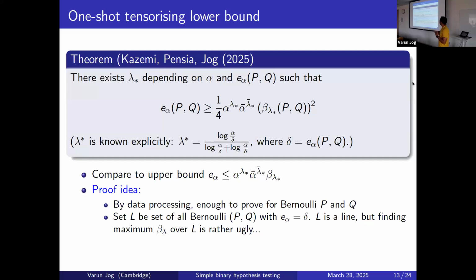But if you choose a lambda nicely, then that concave function turns out to be, you can make it basically constant. And then you can say that the maximum of the concave function is the value of the endpoint, so that is easy to evaluate. So this choice of lambda star comes in that evaluation. I want to somehow evaluate this maximum in some nice way, so I just choose a lambda star nicely.